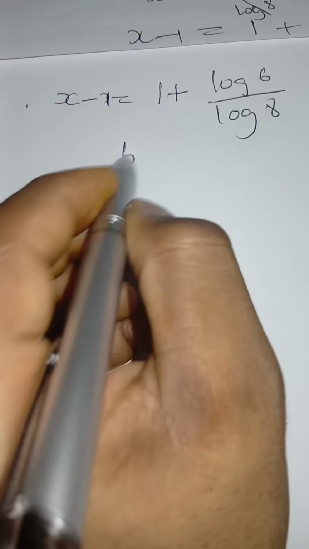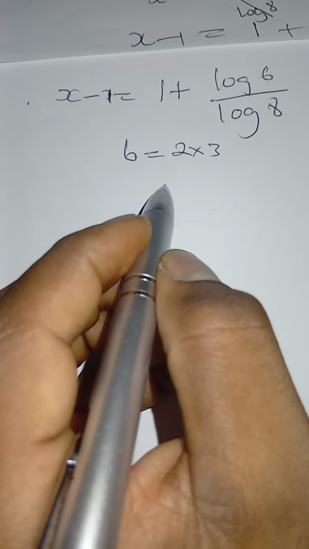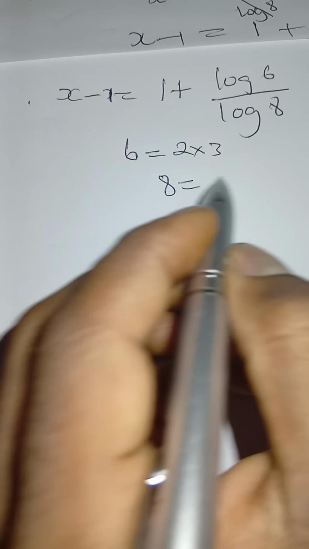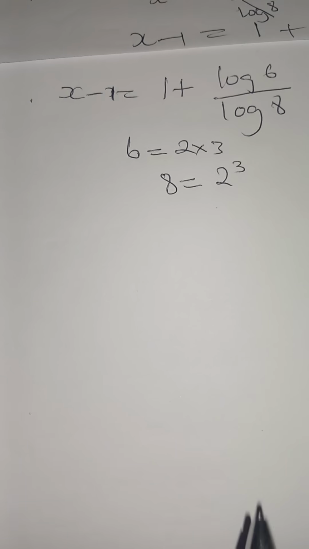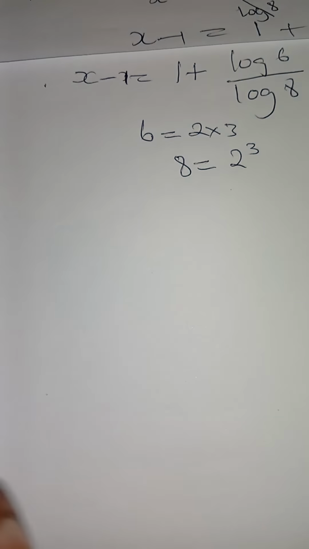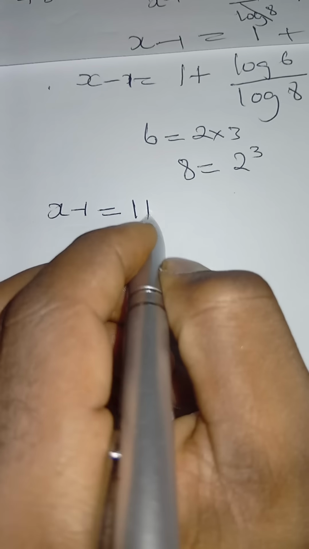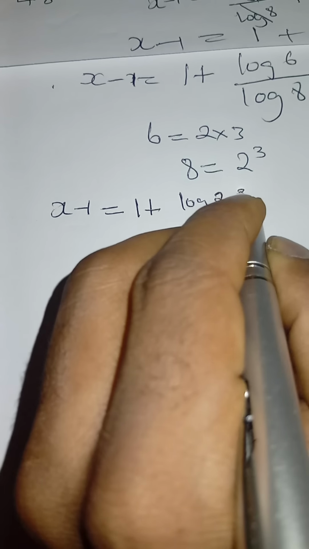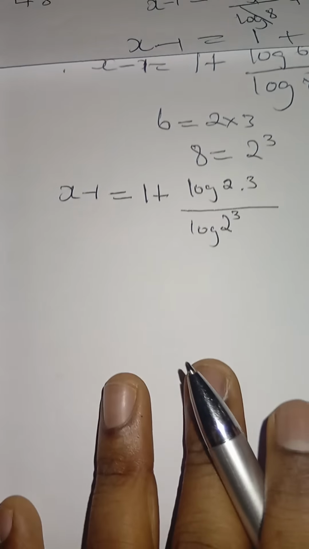Alright, now 6 is equal to 2 times 3. Now 8 is equal to 2 to the exponent 3. So how do we solve all this? We say x minus 1 is equal to 1 plus log (2 times 3) divided by log 2^3.